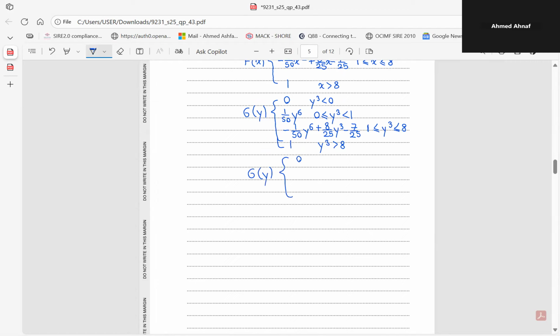So 0 for y less than 0, and 1 over 50 y to the power 6 for y between 0 and 1.